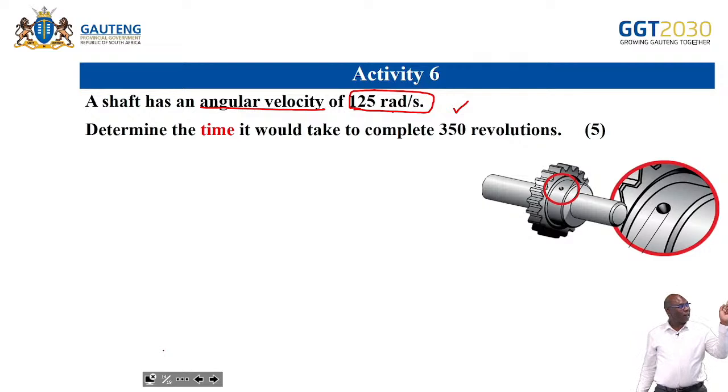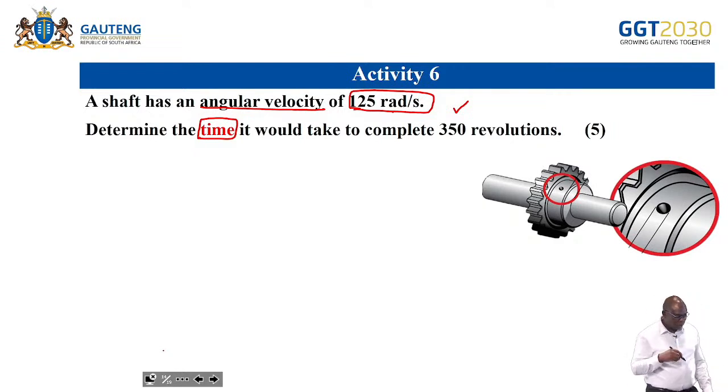Now determine the time. In this case they want the time that it will take to complete 350 revolutions. It means we need the time that it will take for this shaft to rotate to complete 350 revolutions. So we need the number of revolutions there.